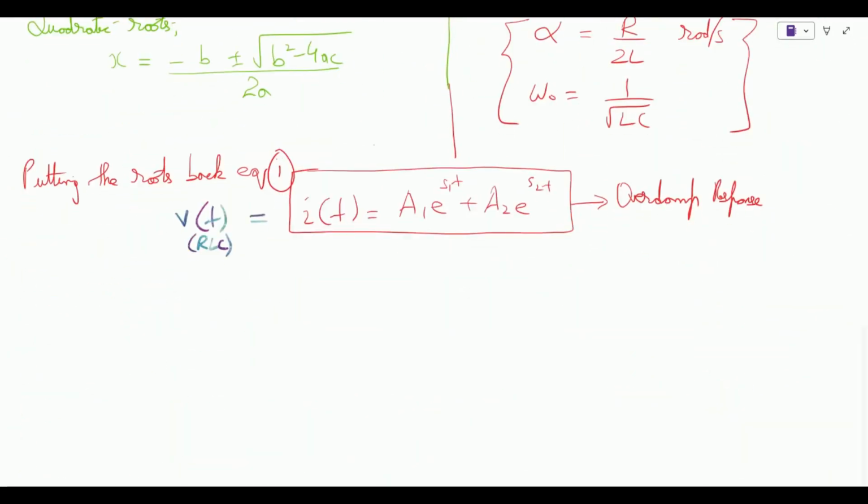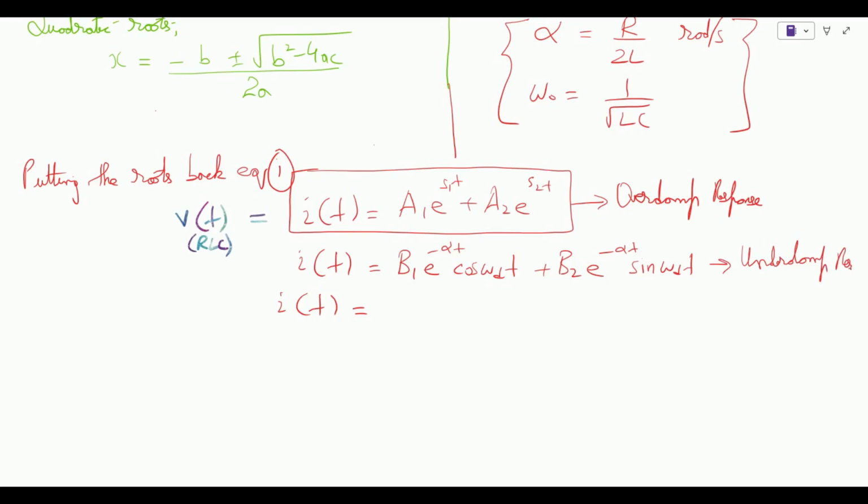This means that without going into further derivations, we know that the equations for the underdamped and critically damped responses of voltage seen in the natural parallel RLC circuit will be the same for the series RLC circuit when finding currents. So our underdamped equation will resemble the same structure, which is B1 e raised to power minus alpha t cos of omega d t plus B2 e raised to power minus alpha t sin of omega d t. This equation is for the underdamped response of the current now.